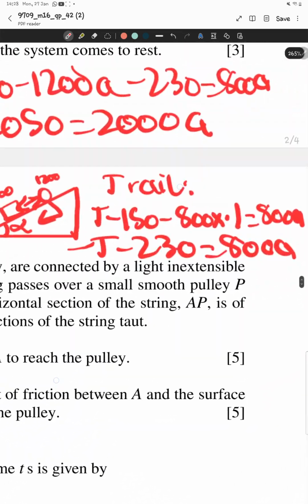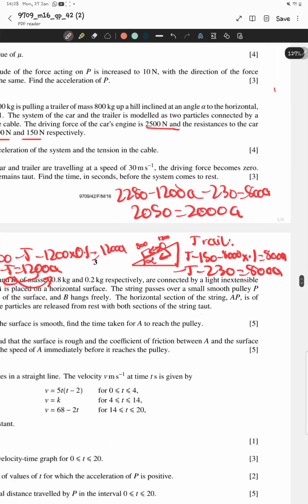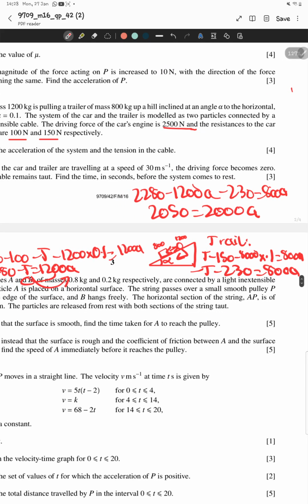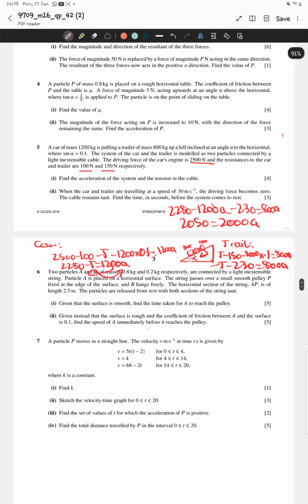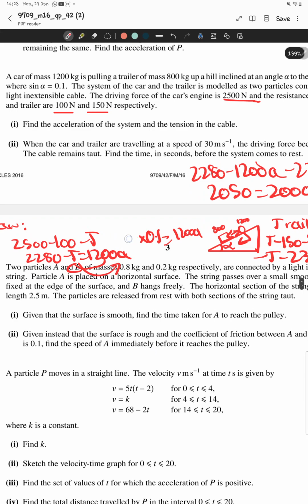This is not 800, it's 8,000, because that's the mass. We need the weight, because the weight component depends on the weight, not the mass. So you have to multiply them by 10. So minus 12,000 times 0.1, okay, I have to do this again.